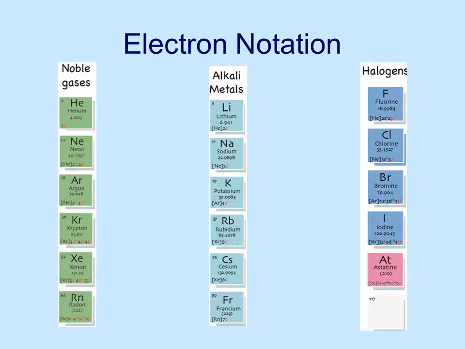Lithium has the helium shell and then a 2s1. Potassium has the argon shell and then a 4s1. So this is a way of just abbreviating things, saying that potassium has all of the electrons in argon plus 1.